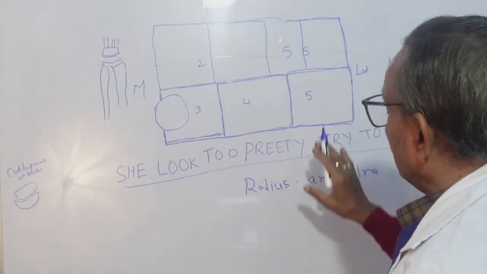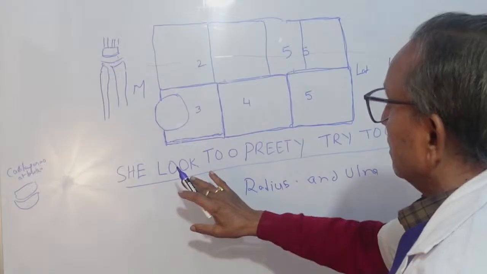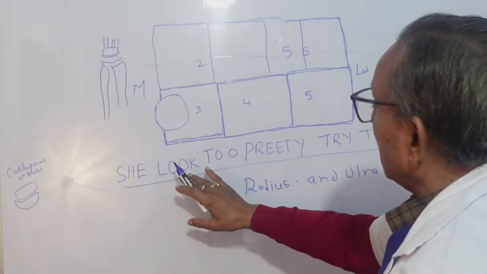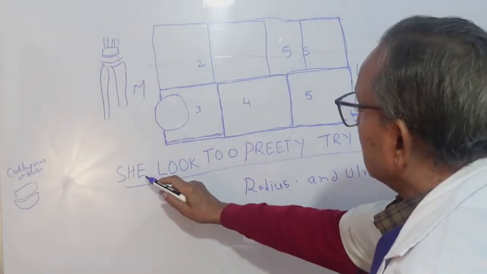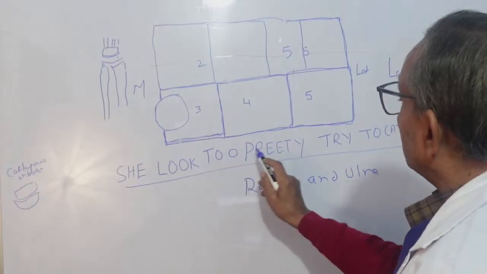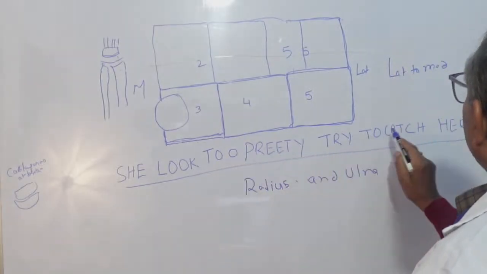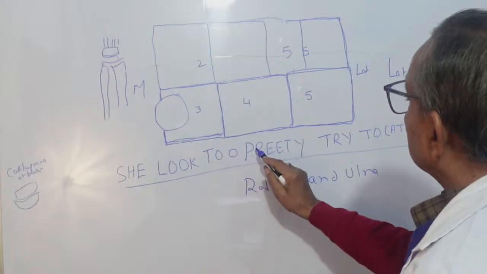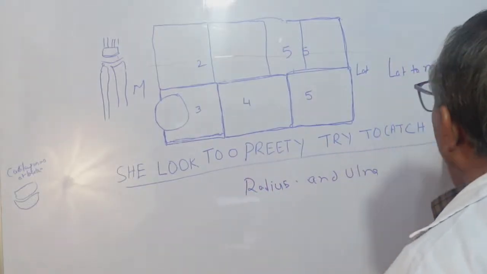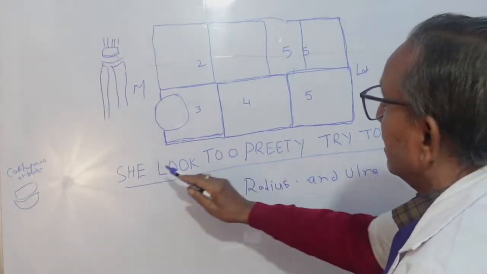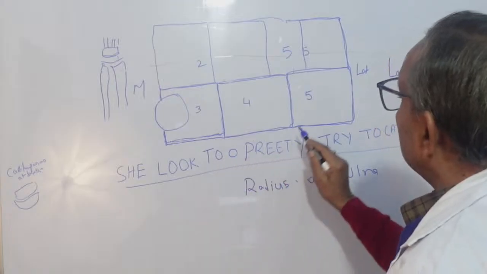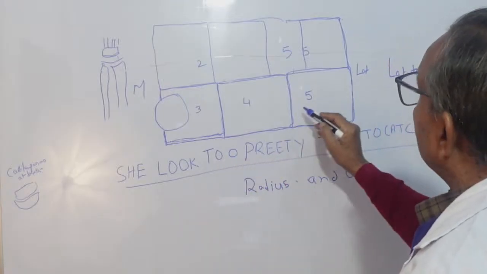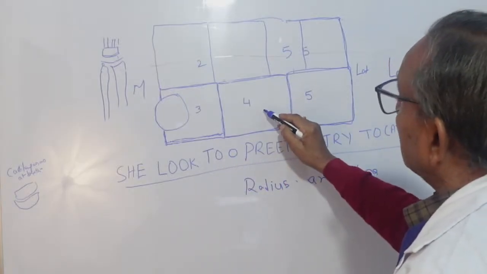How will you remember it? Just remember this line. She looks too pretty. Try to catch her. You remember this line? She looks too pretty. She means scaphoid. Looks means lunate.